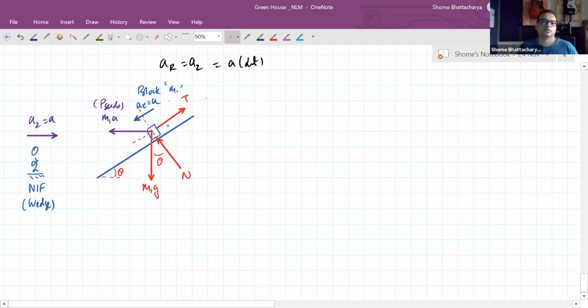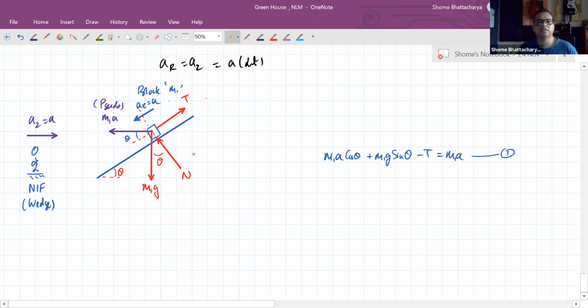Okay. So along the incline, we have M1A cos theta plus M1g sin theta minus tension is equal to M1A. That's our first equation. Okay.